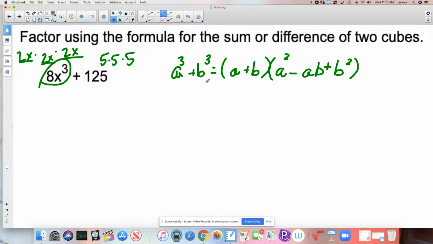Okay. Now, what I said before is, in a previous video, this 8x cubed is something times something times something, right? And then the 125 is that same number, 5 times 5 times 5. And if you look at the way that the sum of cubes breaks down, whatever is being cubed here is really A times A times A. And then over here, we have a spot for 3 A's.